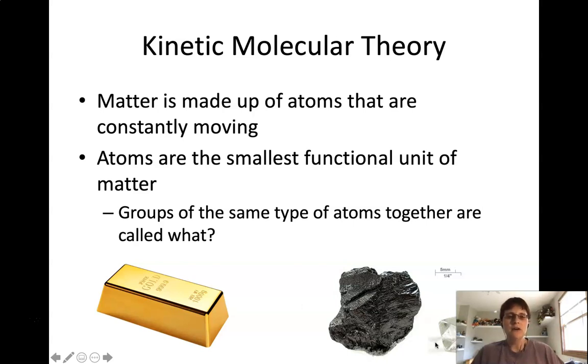Over here, we've got two different samples of carbon, coal and diamond. They are actually both made out of carbon atoms, just arranged in different structures. So think of some other elements that you might know, things like oxygen, nitrogen, and so on.